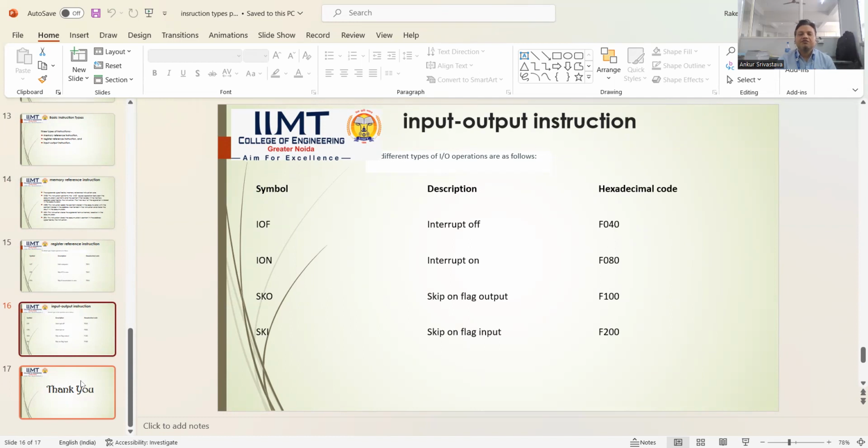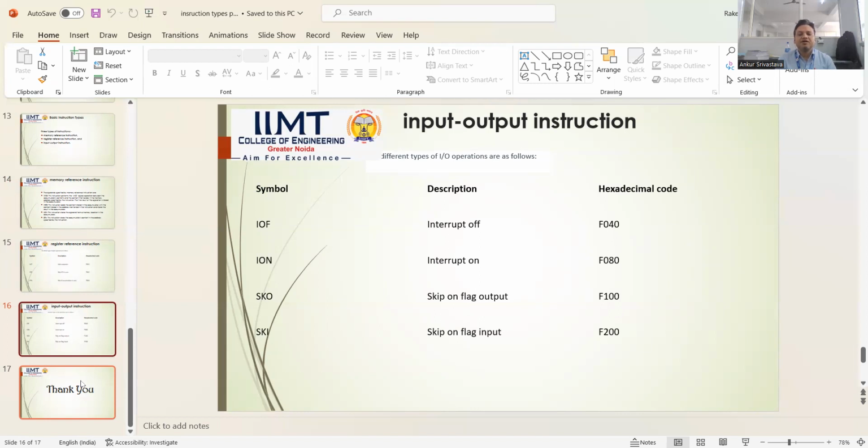There are many more instructions in terms of input-output, register reference, and memory reference. In the case of input-output instruction, the symbol is IOF.